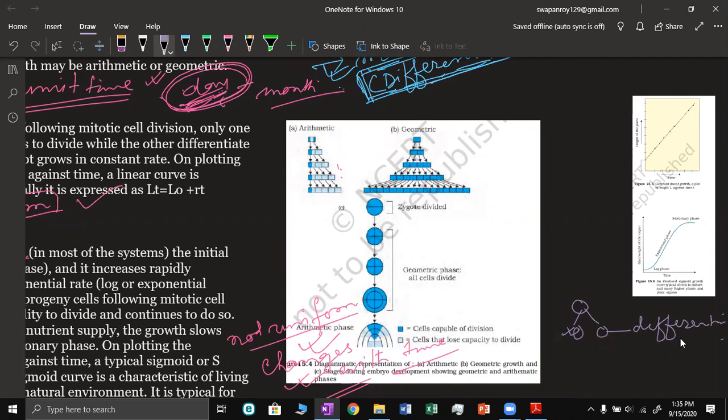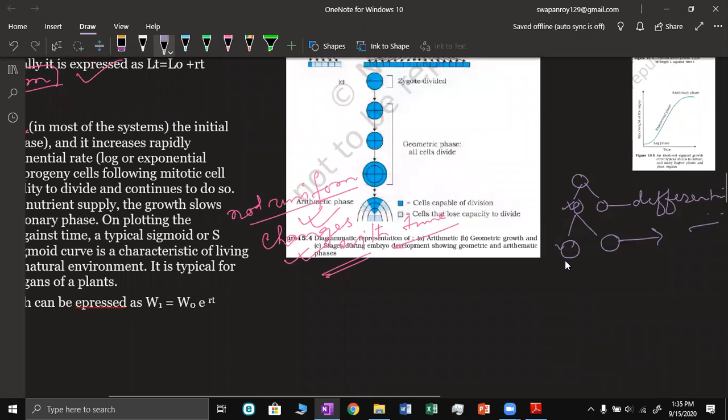It will not divide further. Again, this one will divide, one will retain the capacity of division and the other one will differentiate. So every time there is an increase of one cell.